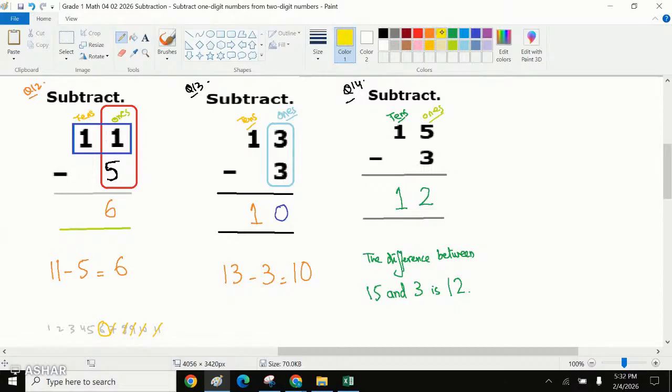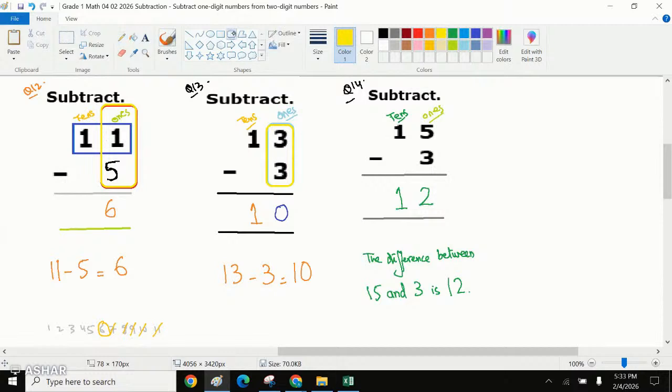What we looked at in these cases was that in question number 12, in the ones position, 1 was smaller than 5. Therefore, we considered it as a whole number, right? In the second case, question number 13, the ones were equal. That we can do directly, right?